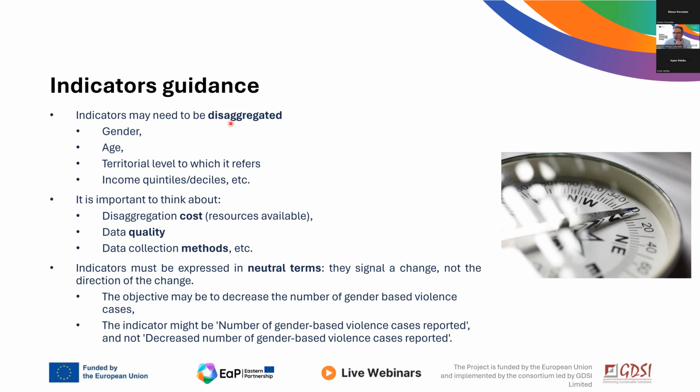But it's important to think about what's the cost, who is going to be dealing with all that data, what the quality of that data is, and how you're going to be collecting those data.